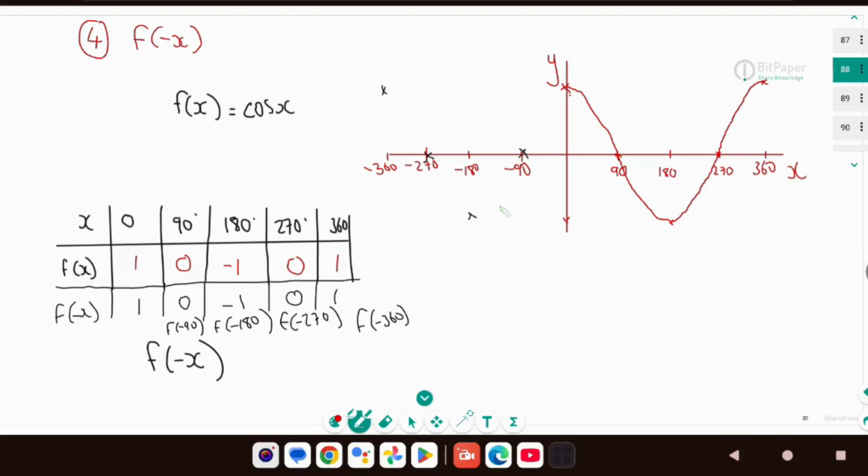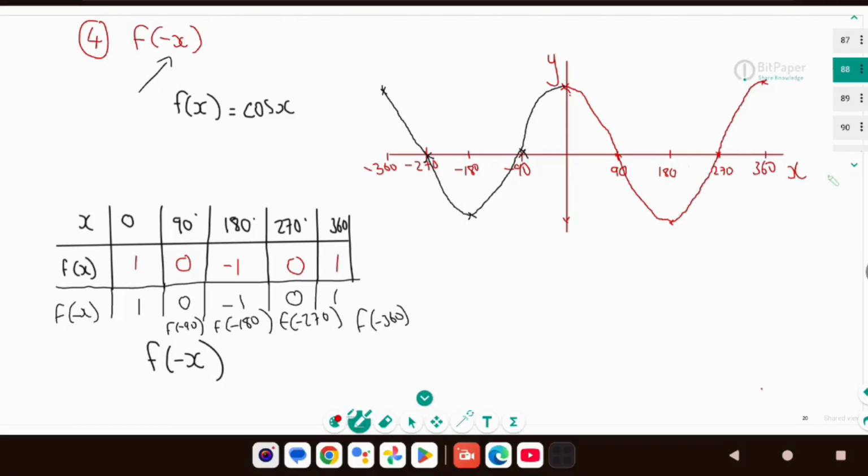So can you see here, instead of a reflection in the x-axis, we have a reflection in the y-axis. And just try and draw my curve. There we go. So what happens when we have a minus inside the function?